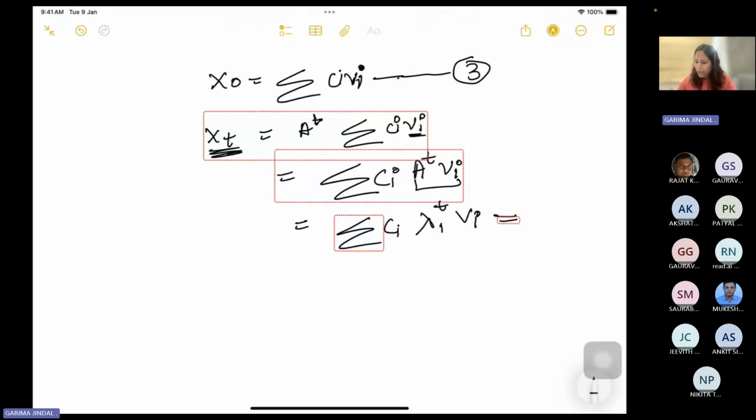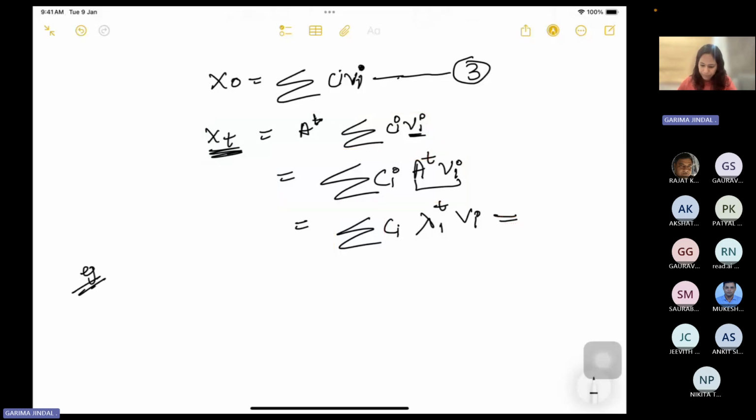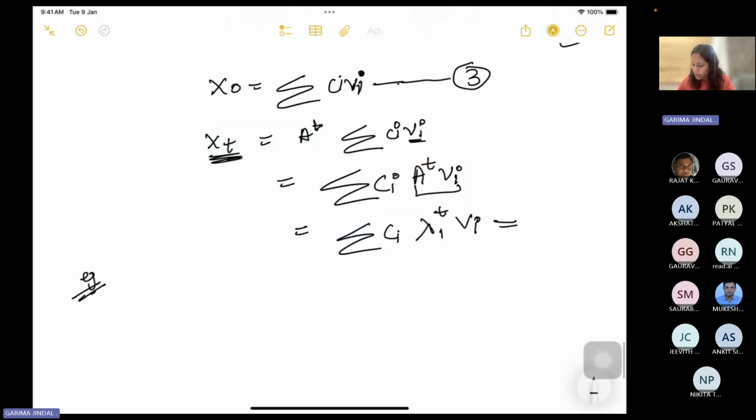Now I would also like to take one more example here. Suppose you know that the eigenvalues will be different. For a particular matrix, lambda 1 is always greater than lambda 2. Suppose we have lambda 1 as 3 and lambda 2 as 2.